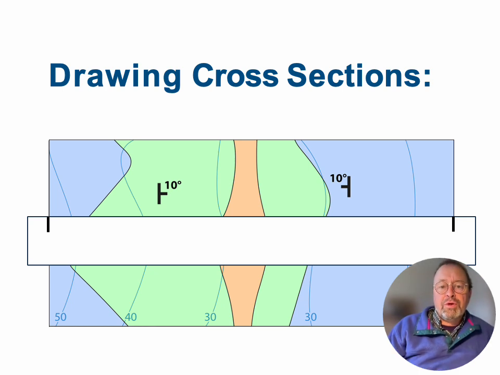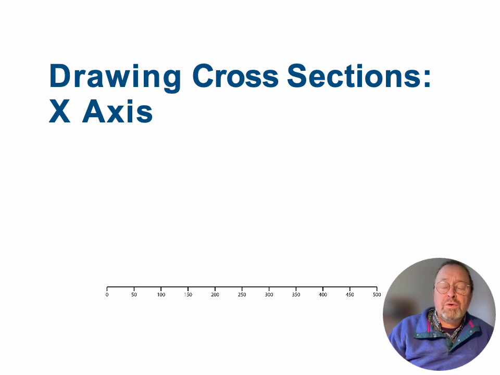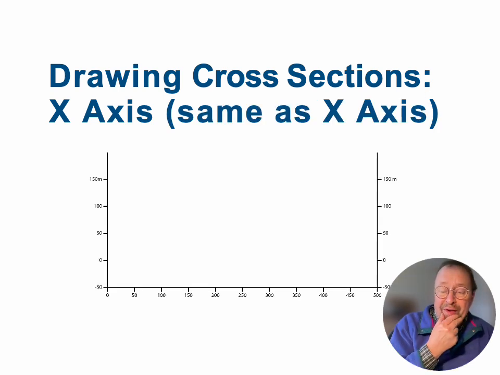Essentially what you can do is as follows. First of all, you need a horizontal axis, and then you need a vertical axis, and it's easier if both of those are the same. Otherwise you may have to make corrections for vertical exaggeration.